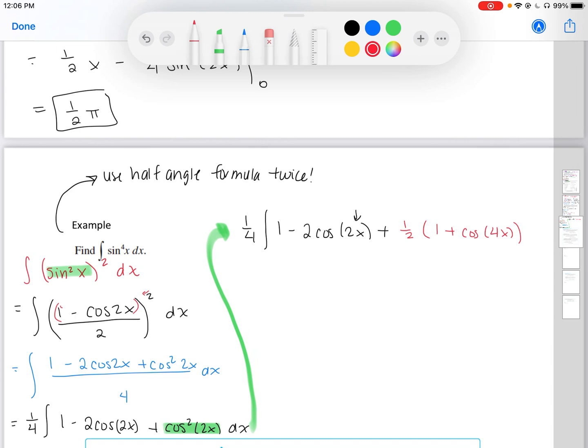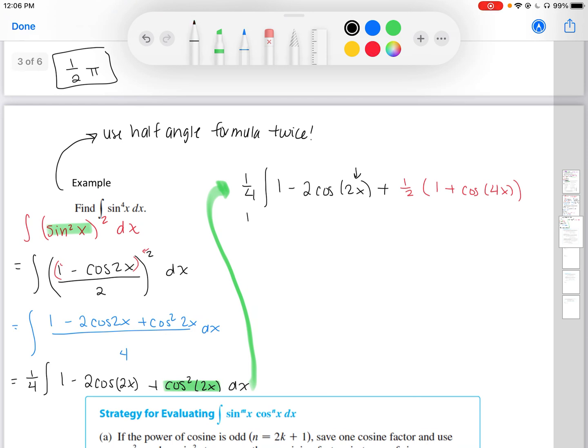Because we're multiplying whatever was in that argument by 2. All right, let's clean that up. So we have 1/4 integral of 1 minus 2 cosine of 2x plus, let's distribute that 1/2, 1/2 plus 1/2 cosine of 4x.